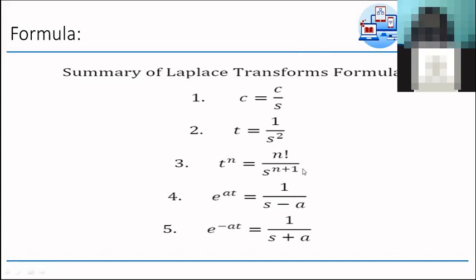Next, we have number 4, the exponential function e raised to a multiplied by t is equal to 1 all over s minus a. Next, number 5 formula, exponential again, e raised to negative a multiplied by t is equal to 1 all over s plus a. Take note of the sign. The exponent is negative, but in your divisor it is positive.